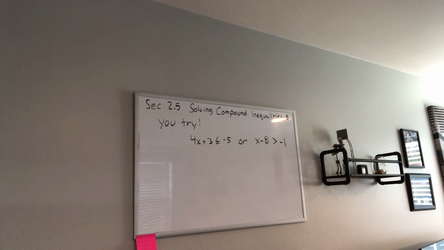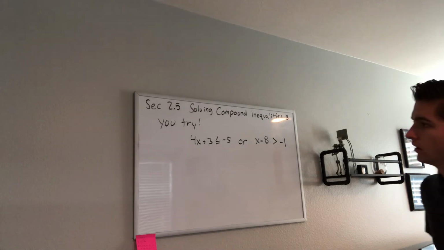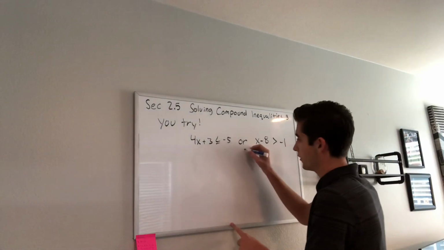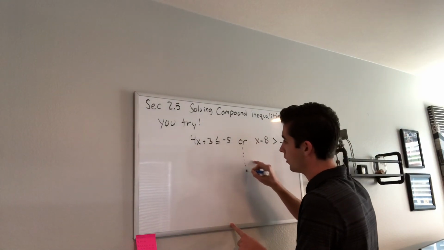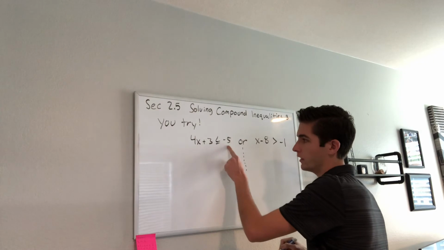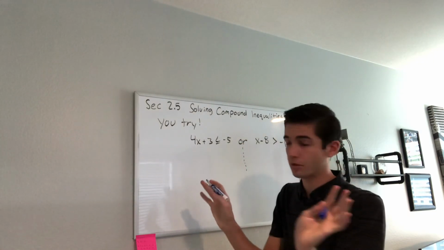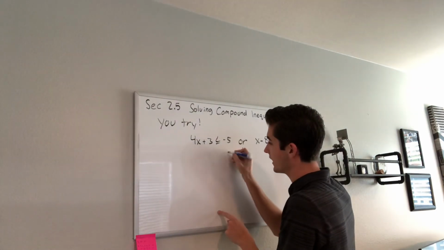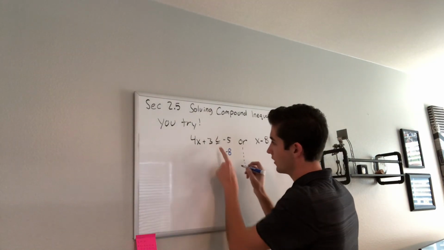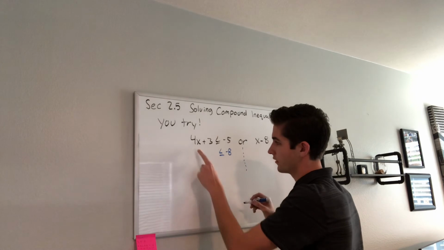All right, so let's begin. So first, we build that wall. We're going to subtract 3 from both sides to give us a -8. Bring our sign down, 4x.